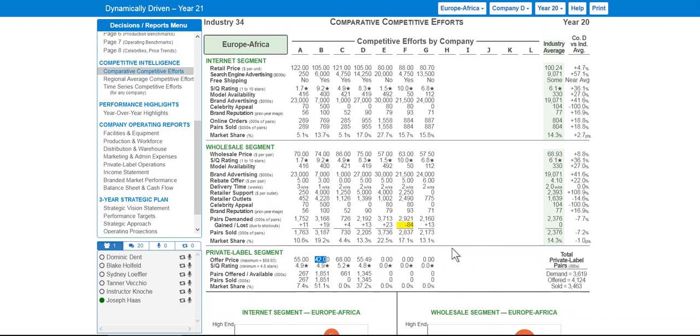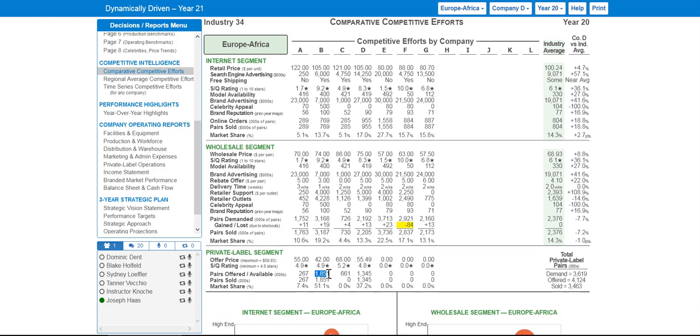The team that has it at the lowest price is going to be awarded more shoes because they're bidding lower. They're offering the shoes at a lower price, which retailers like. I always sold them at a high price because no one was really bidding against us, so I sold it for as much money as I could get.